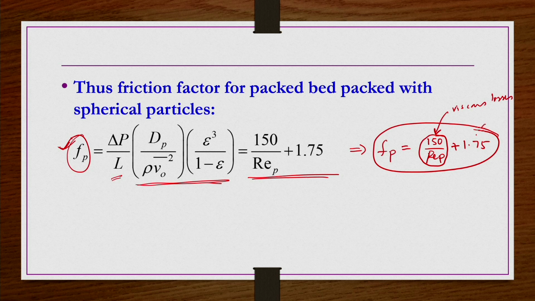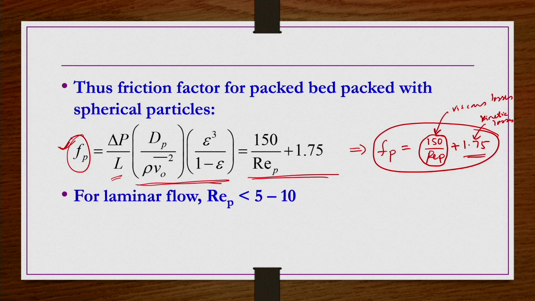The second part is known as the kinetic losses, or the contribution due to kinetic losses, and this part is going to have a dominant role when the Reynolds number is very large, or the flow is very large. So, for laminar flow Rep should be less than 5 to 10. In general, basically it should be less than 1 by default, but people have found through several experimental studies that it can be extended even up to 5 to 10.